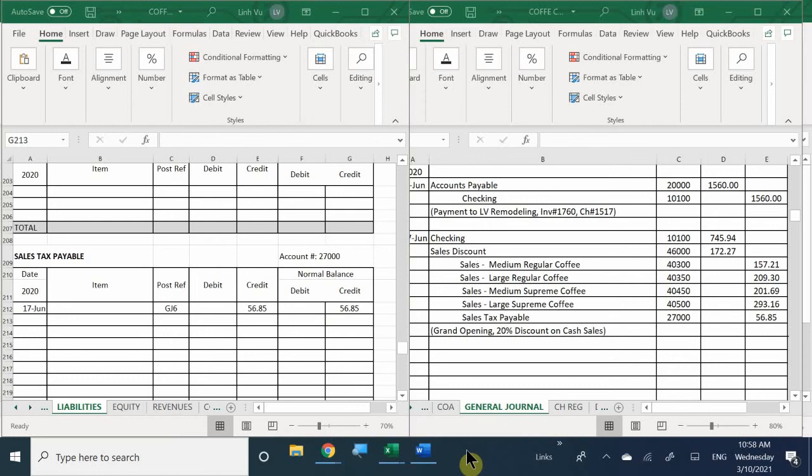Any guesses? Deposit. I'm sorry? We have to do deposits. Yes, we have to do the deposit. So, are we done with this transaction? We don't need to deal with our subsidiary ledger? No. Why no?